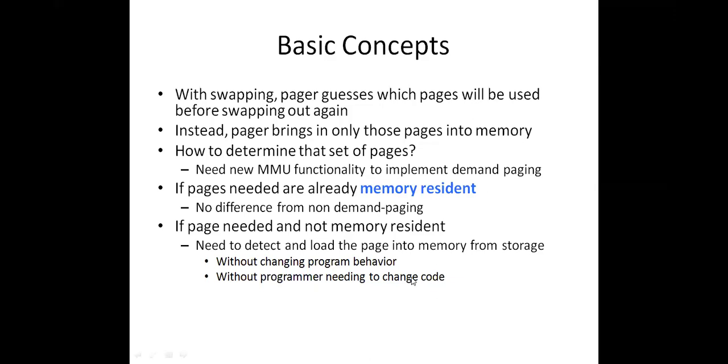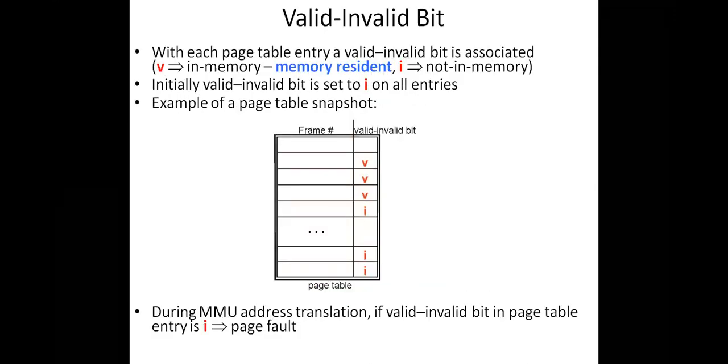So you need to understand these two points: whenever we load a page into the main memory from secondary storage, that loading will never make any changes to the program behavior, and the programmer has no need to change the code for loading a page into the main memory. And next, as I told you earlier, if the page is available in the frame, then it will be indicated by valid.